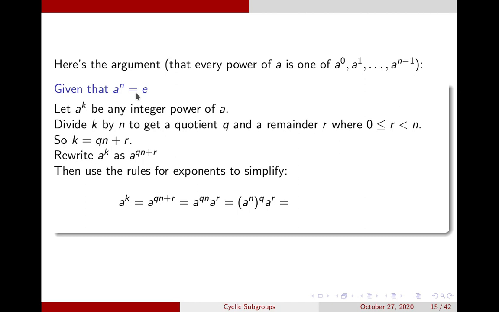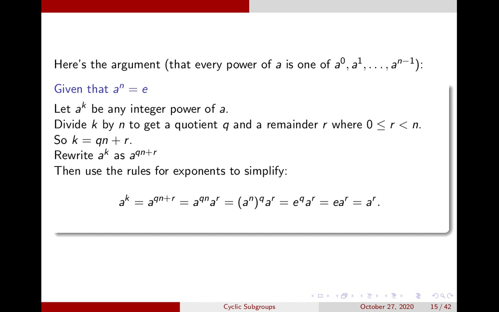a to the n is the identity. So we have, as our next step in this sequence of equations, the identity to the q times a to the r, and the identity to any power, as we saw earlier, is the identity.